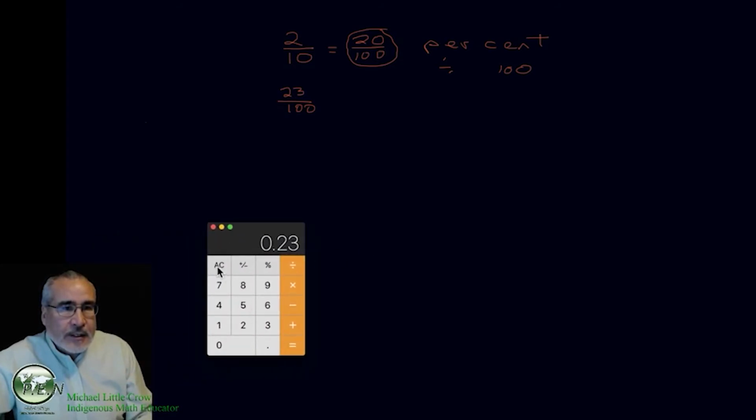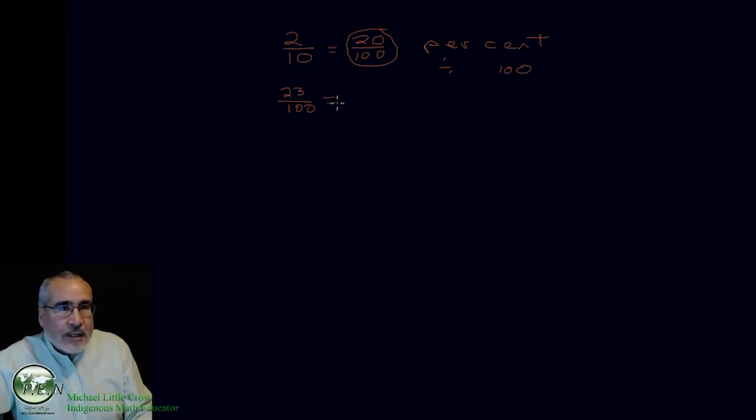You take 23 divided by 100, and we get its decimal equivalent. So we can take 23 divided by 100, or we can take 0.23. These are two numerical ways to write the same concept.